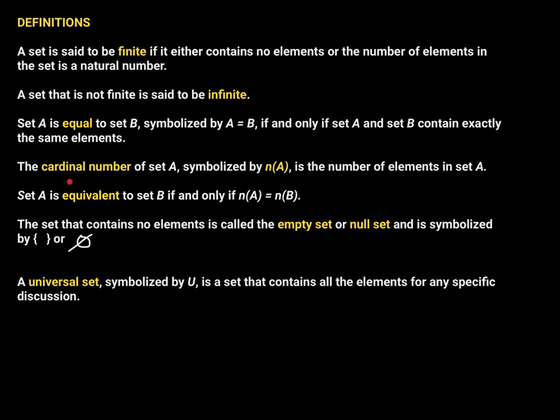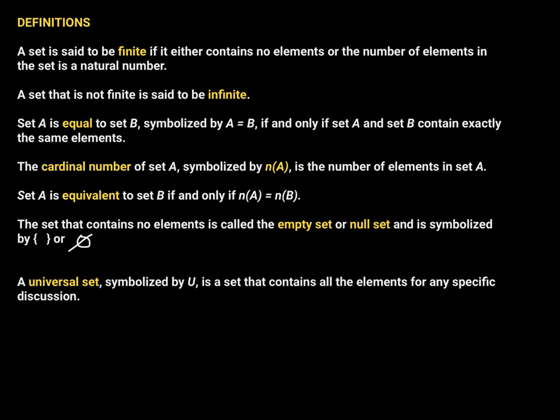Now, the cardinal number of a set, okay, and this is how we write it. So this is N, and then in parentheses is the name of the set, okay? So if we're talking about set B, then right here would be B, all right? But it's simple. The cardinal number of a set is just how many elements are listed in the set.